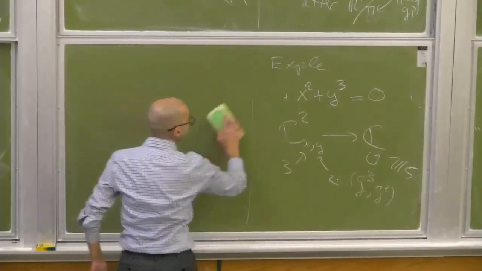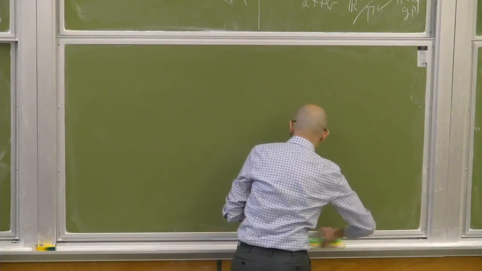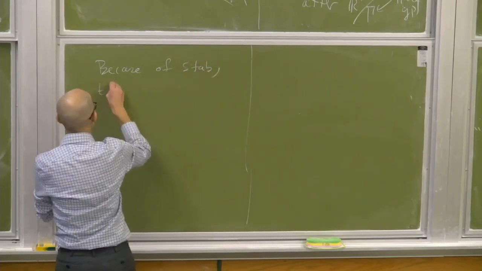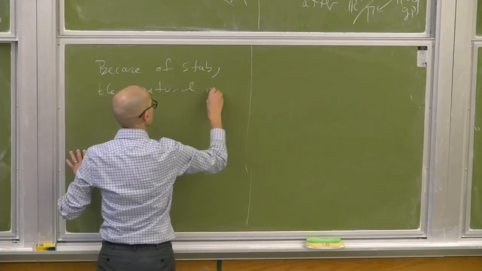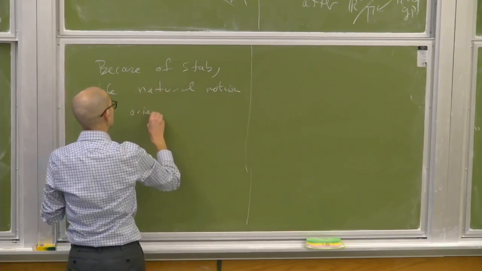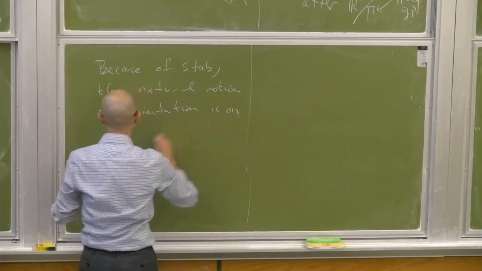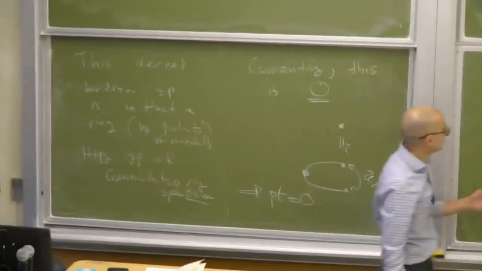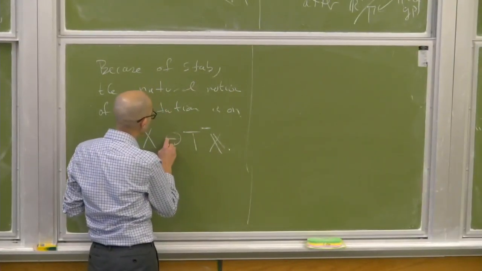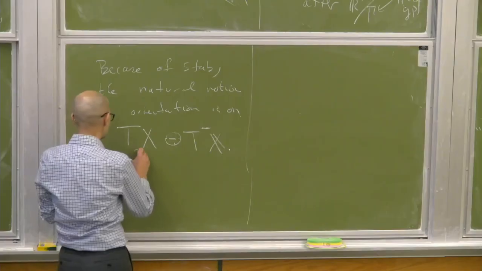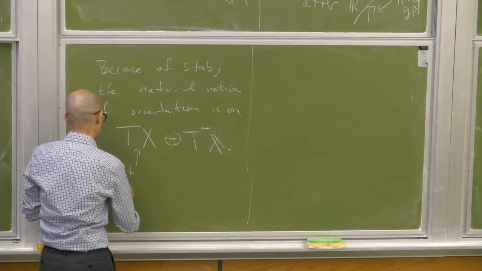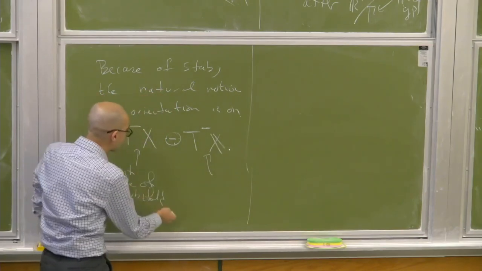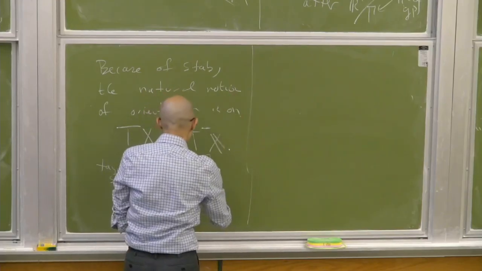Because of stabilization, the natural notion of orientation is on TX direct sum T minus X. Really this shouldn't be a direct sum, it should be a minus, like the formal difference between the tangent space of the derived or underlying orbifold, and what I said before. This is what I call the obstruction.